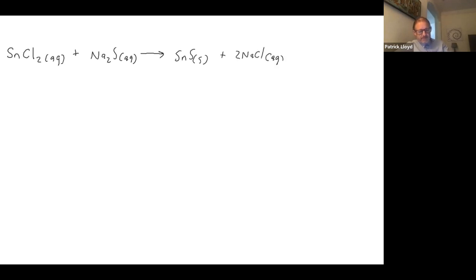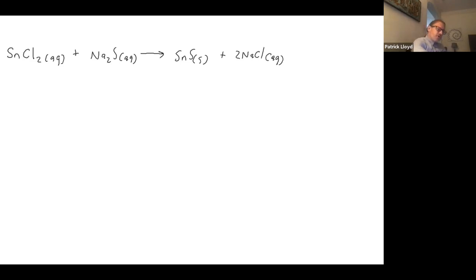So SnCl2 aqueous plus Na2S aqueous goes to SnS solid plus 2 NaCl aqueous. Okay, write the net ionic equation.